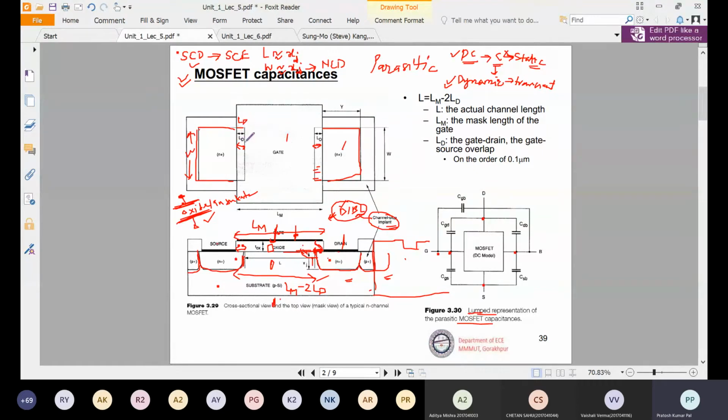So the area of this overlap region will be given by LD multiplied by this width W. Are you getting this?